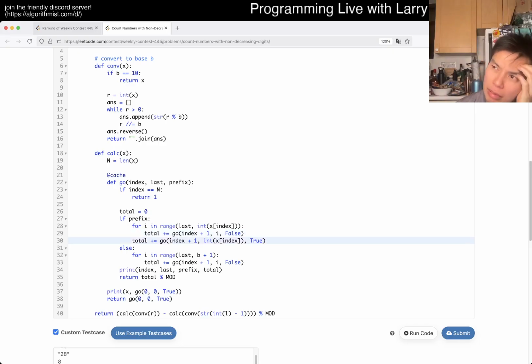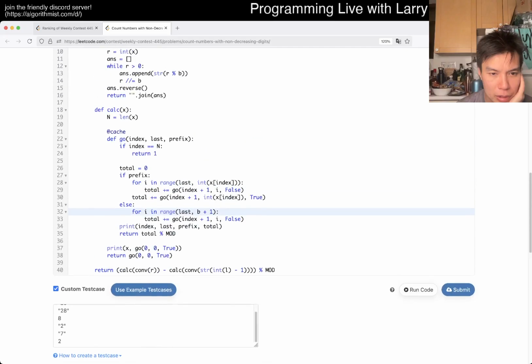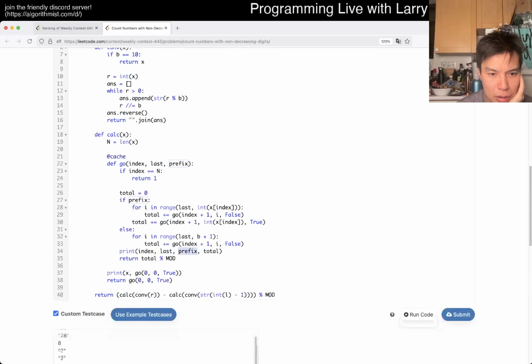Index. That means that this is the prefix. This is false. This is false. I should be fine. Okay, let's see. 0, 0, true is returning 2. 0, 0, true is returning 2.